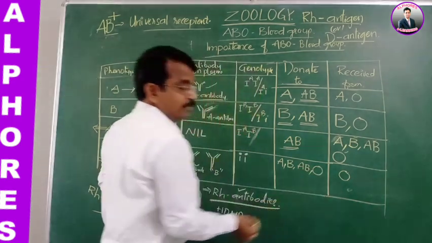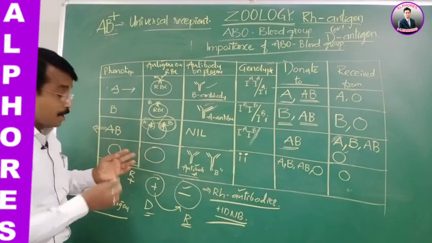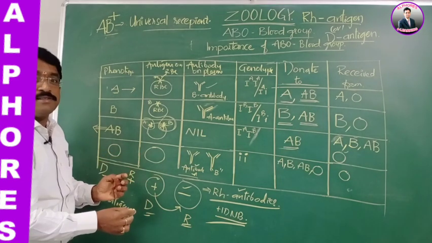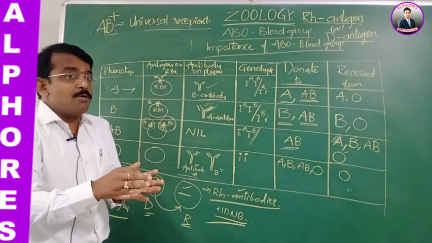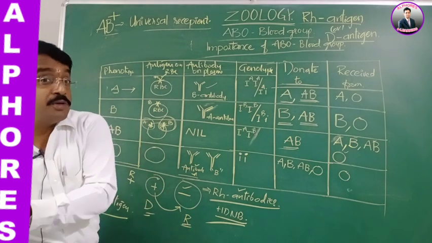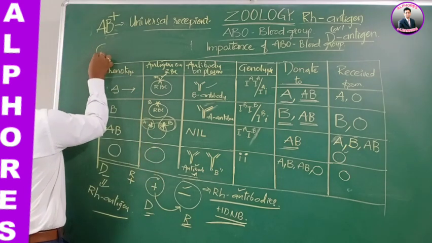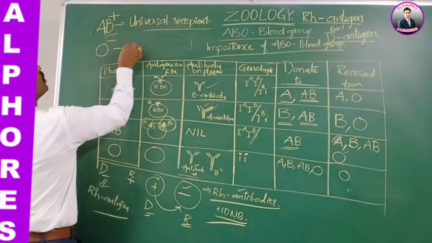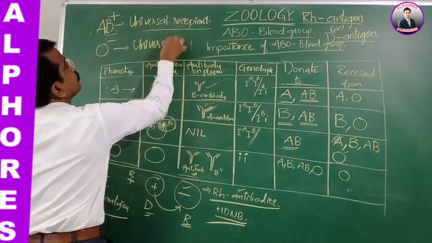O blood group does not have the antigen. If the donor is negative and does not have the antigen, does the recipient generate antibodies? No. That's the reason why O negative is the universal donor.